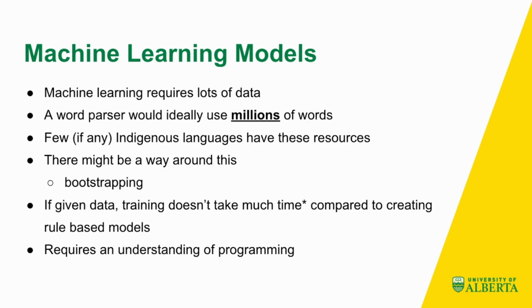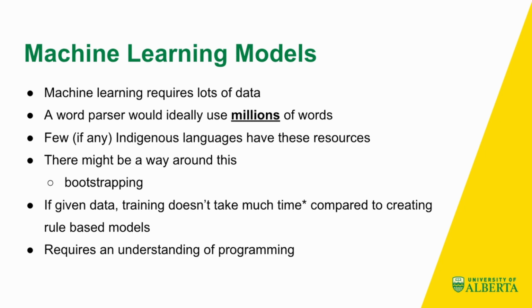The thing about machine learning, though, is that it requires a lot of data. A word parser, like what we just saw, where we give it a word and it gives us a set of tags that describe the word, ideally you're going to be using millions of words for that. Few, if any, indigenous languages of North America, or in the world actually, have millions of words of text.